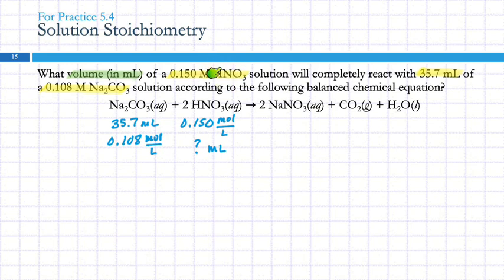I have a concentration of one substance and a concentration of a different substance. And what you miss if you use dilution here is you miss the mole ratio. If the mole ratio happens to be 1 to 1, you'll come up with the correct answer. But I guarantee you that the mole ratio will not be 1 to 1 on the exam because I know that students like to do that, and I want to make sure that you don't do that.